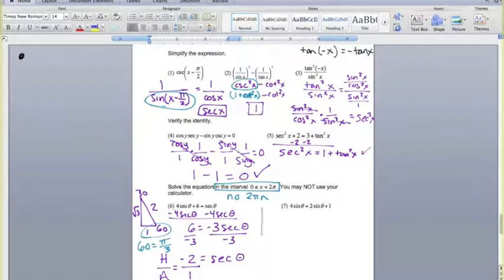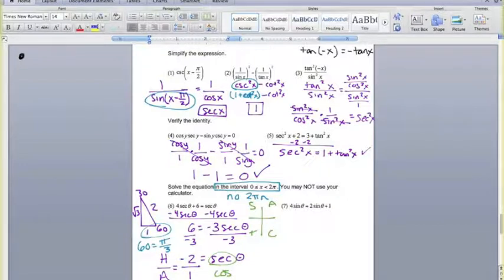Our last step is selecting our quadrants and finding the angles in those quadrants. So this problem uses secant. None of those letters stand for secant. Those stand for our main ones, sine, cosine, and tangent. So when we're thinking about secant, we really want to be thinking about cosine because that's its partner.